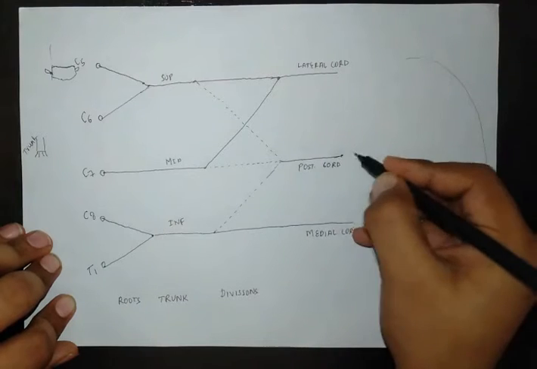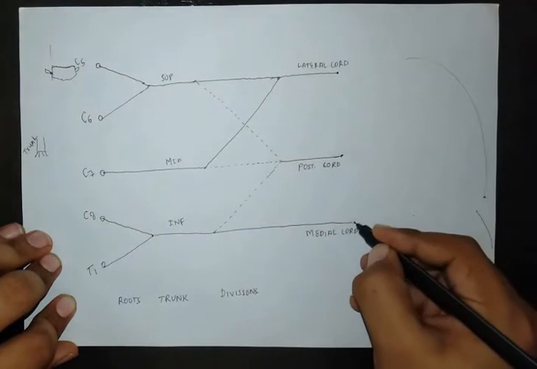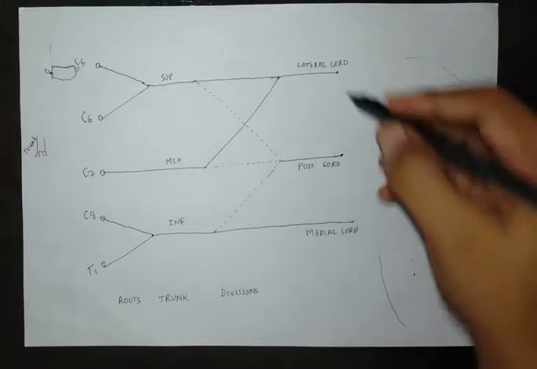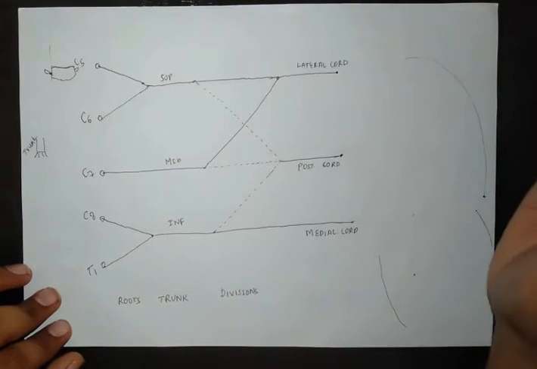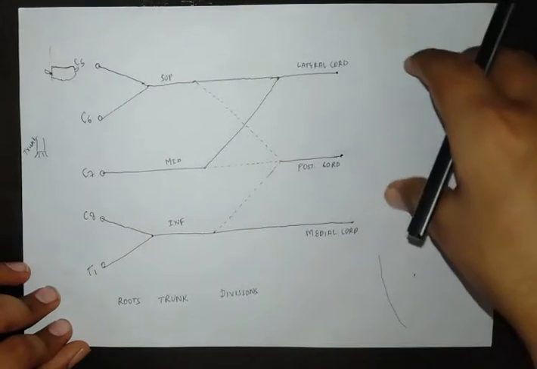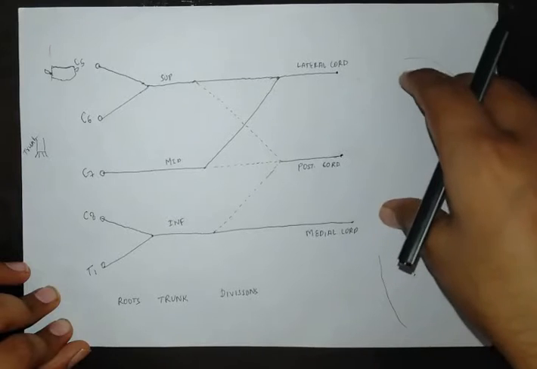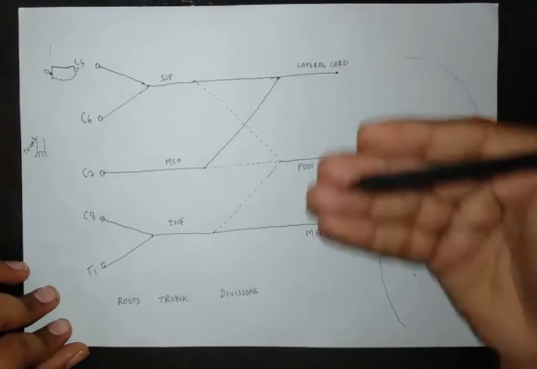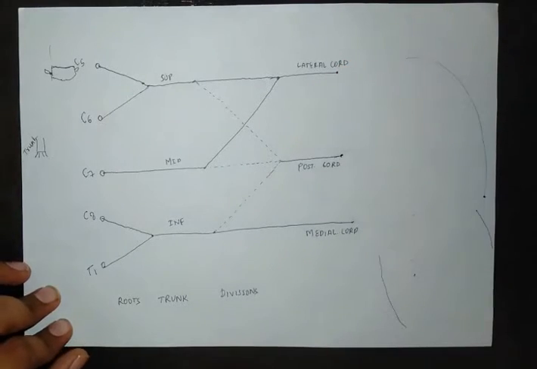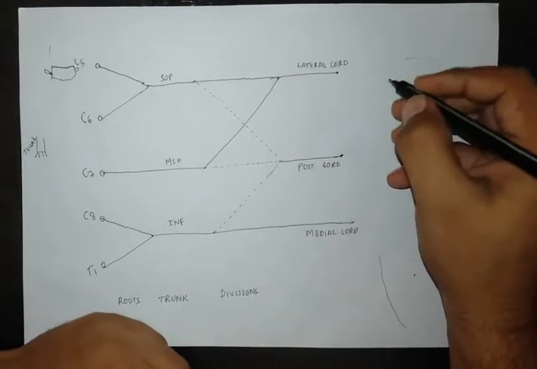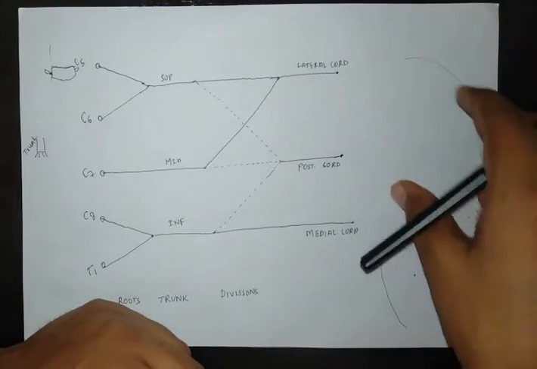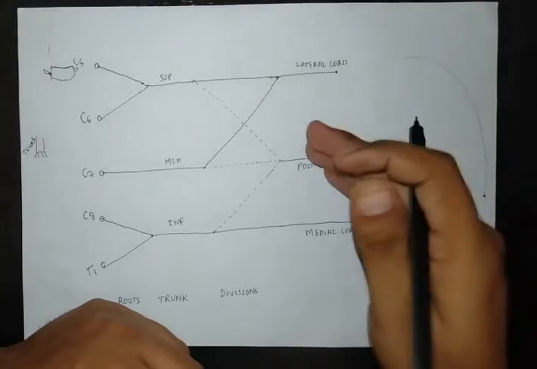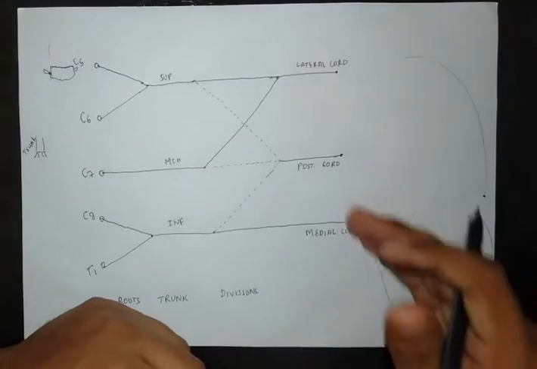So from here it gives its terminal branches. Understand, this lateral one is towards the lateral side, so it needs to supply something on the lateral and anterior side. The axillary artery is coming towards the anterior side, so the lateral cord will be supplying muscles from the anterior, because this will go below.